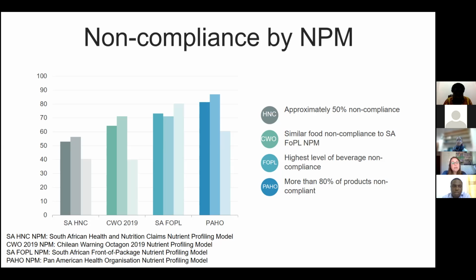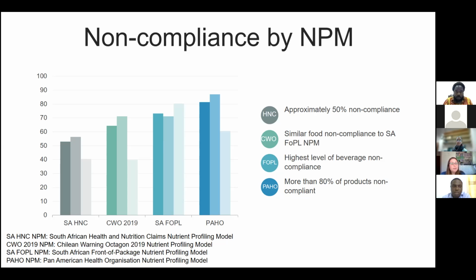For all of these, the first or darkest bar represents total, the second foods, and the third lightest bar is beverages. And based on each nutrient profiling model, the level of non-compliance, or more practically, the likelihood that a product would carry a front of pack warning label if it was used for that purpose, was examined.